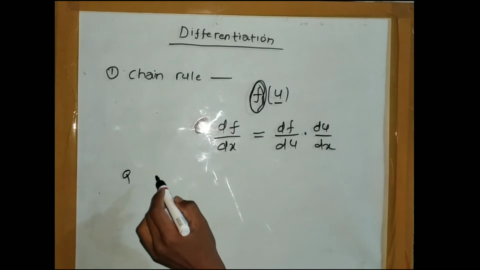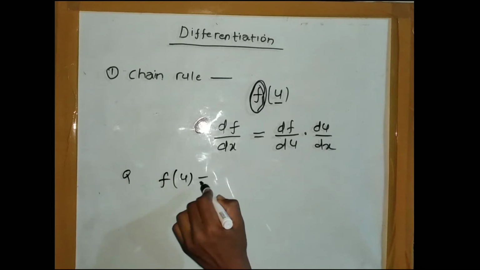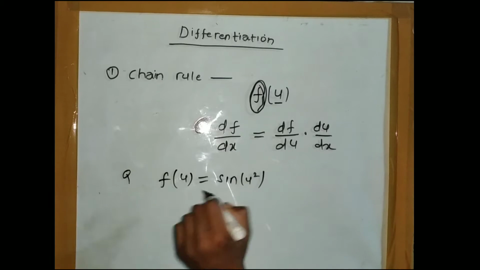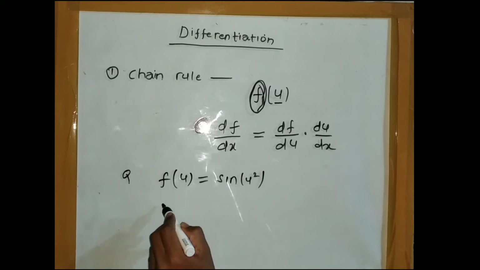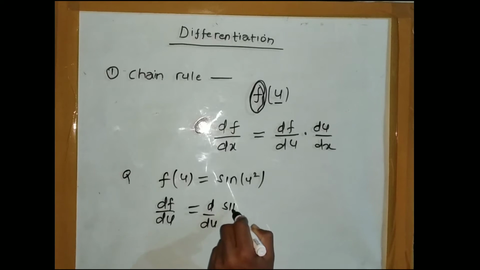Suppose our problem is f of u equal to sine u square, and we have to find del f by del u. Means del by del u of sine u square.